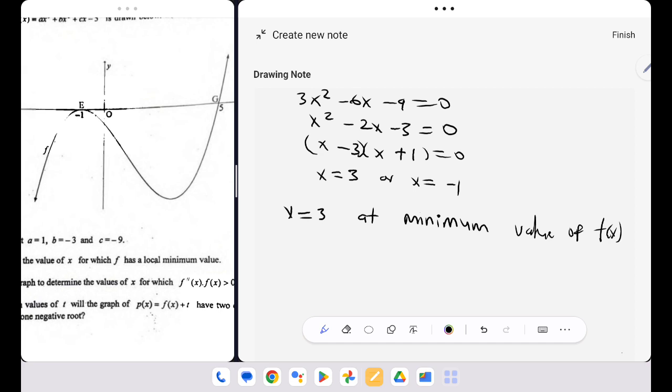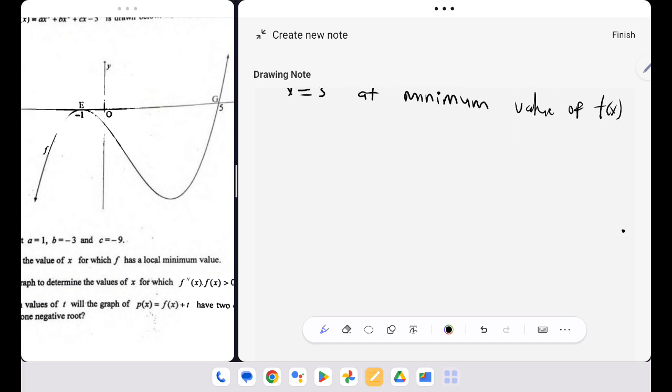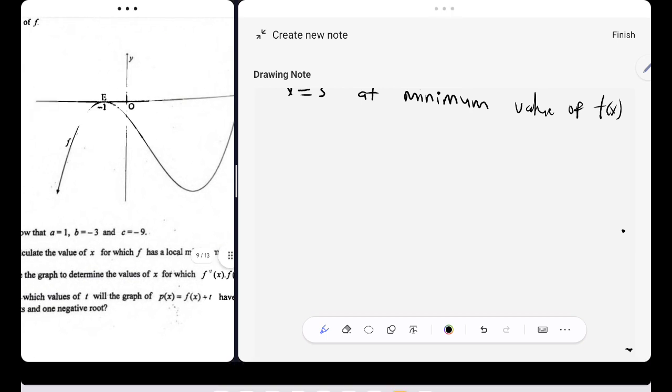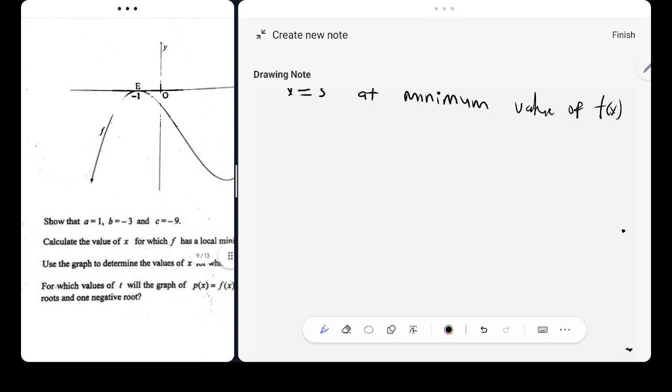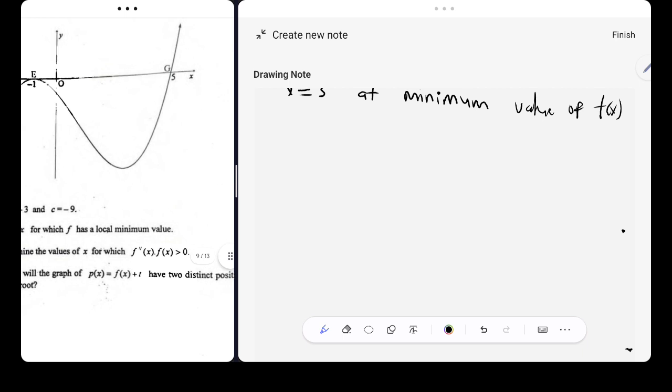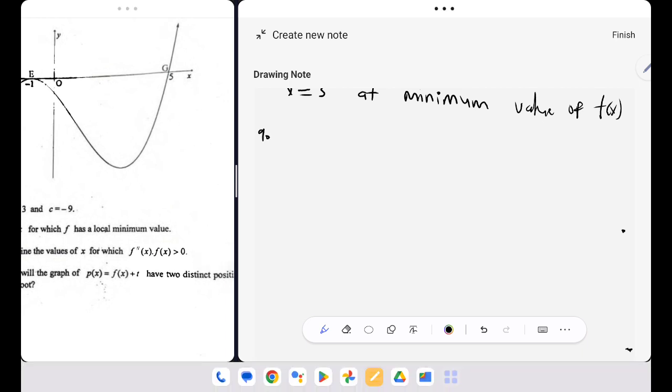And then now I'm asked to interpret the graph. To use the graph to determine the values of x for which, in question 9.3, the second derivative of f multiplied by the derivative of f is greater than 0.